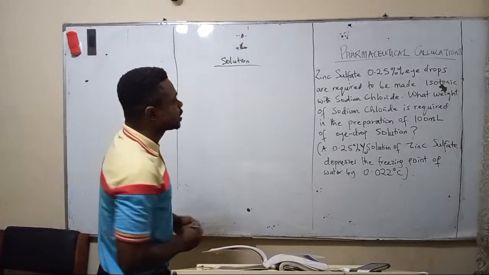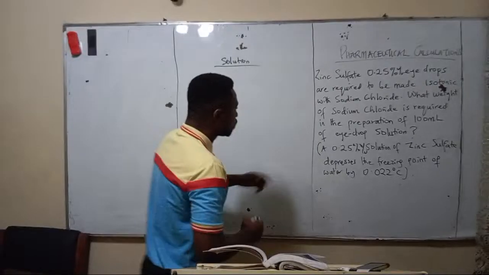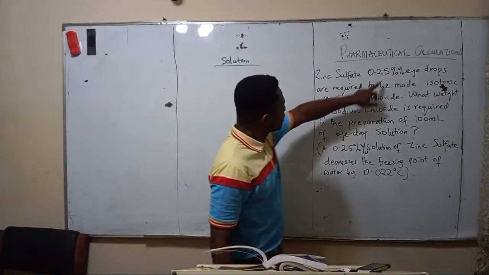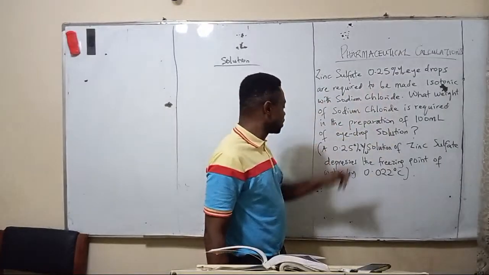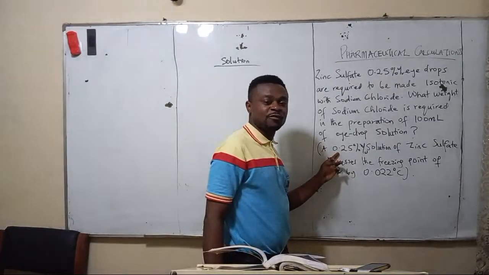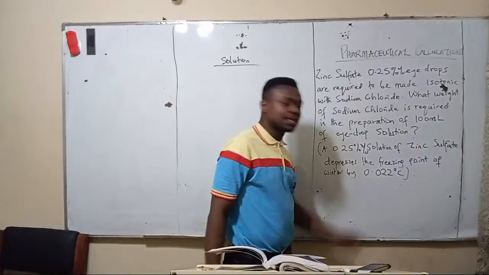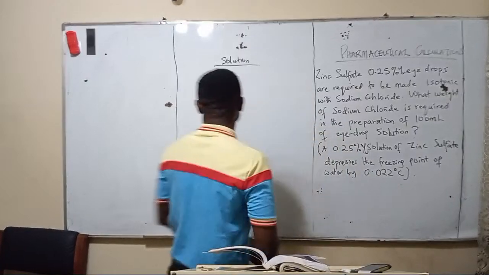First of all, we look at the strengths. The zinc sulfate is 0.25% weight in volume. And the same 0.25% weight in volume can cause this 0.022 degrees Celsius depression.